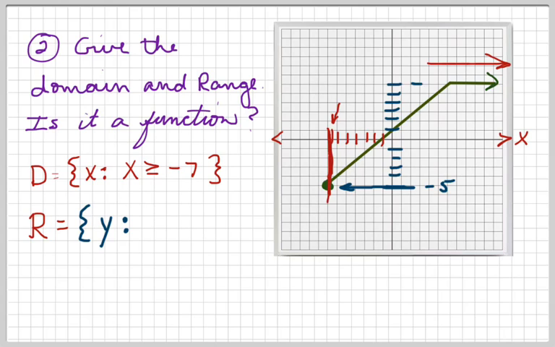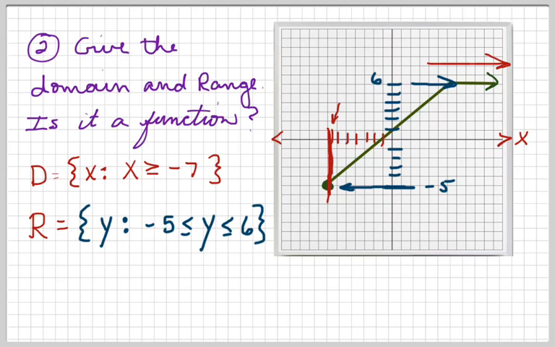It goes up to 6. And then it levels off. It doesn't go any higher than 6. So our y values are trapped in between negative 5 and 6. So we write that down. They're less than or equal to 6, but greater than or equal to negative 5, so we'll go ahead and throw those equal signs in there.